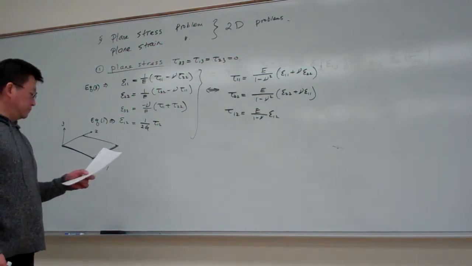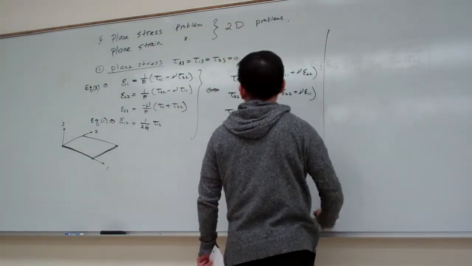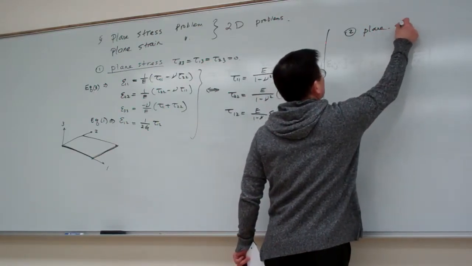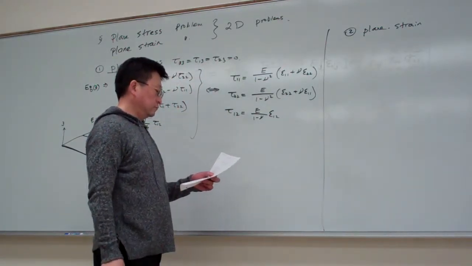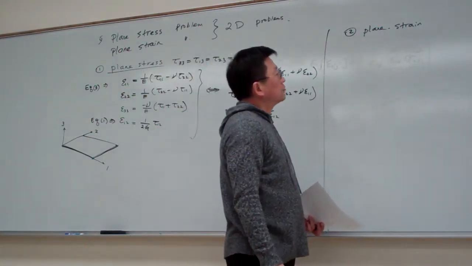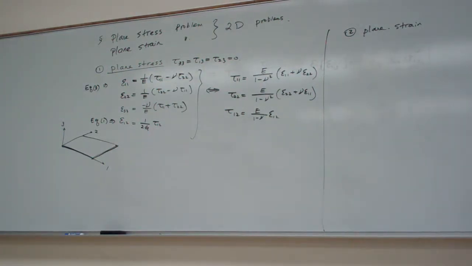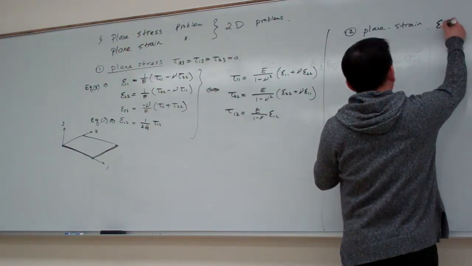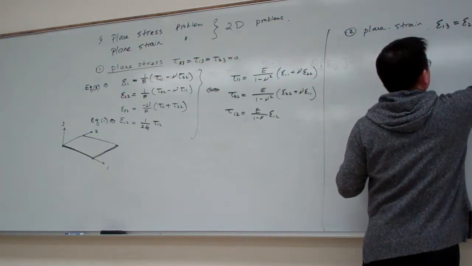And that's it. Okay. And now for the plane strain. For the plane strain, let me take epsilon 1,3, epsilon 2,3, epsilon 3,3 equal to 0.